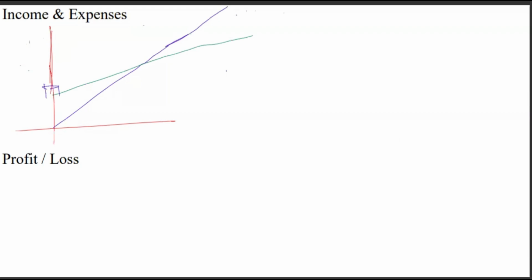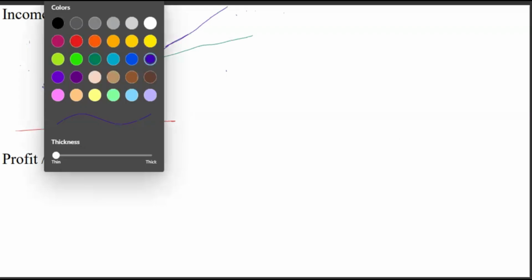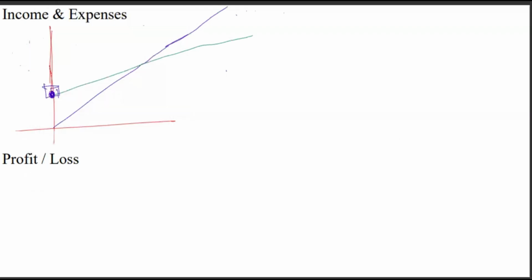Now, where this graph starts from, let's first name them. The one that starts from 0, it will always be income. It's the income graph. Why do we say it's the income?